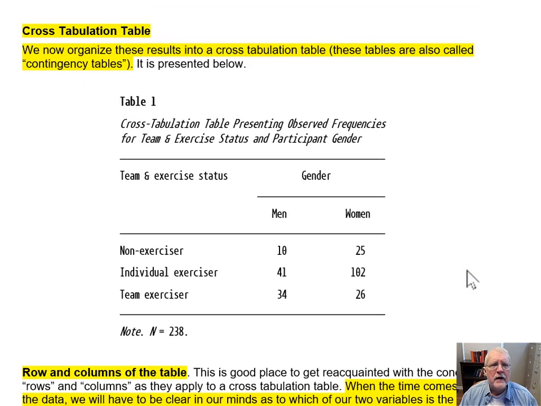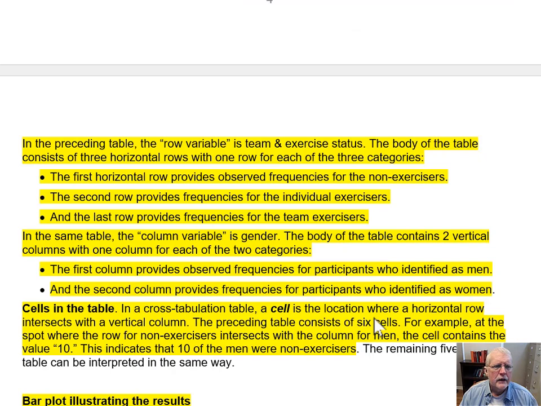What is this about? This is a cell where the row headed non-exercisers intersects with the column headed men. Apparently, there were 10 men who were non-exercisers. There were 41 men who were individual exercisers, and so forth. There were 25 women who were non-exercisers, 102 women who were individual exercisers, and so forth.